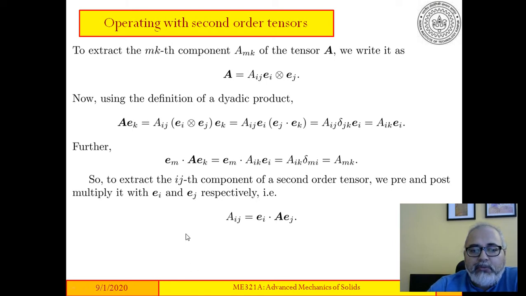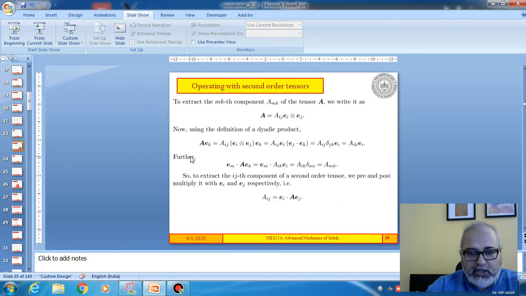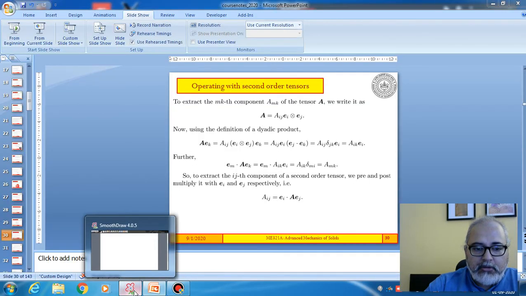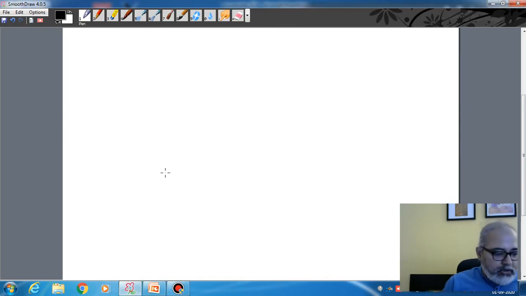So first let us see how we get the components of a vector out. Suppose I have a vector v. I want to know the ith component of v. What do I do? I dot it with Ei. Why do I dot it with Ei?